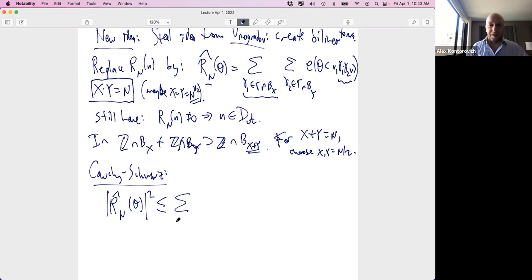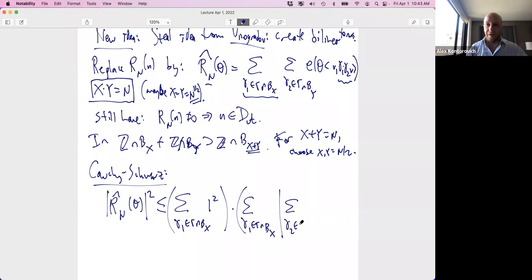So we have a sum over gamma 1 in gamma in a ball of size x of 1 squared, and then a sum over gamma 1 in gamma in a ball of size x of this thing norm squared: gamma 2 in gamma in a ball of size y, e of theta v gamma 1 gamma 2 v, squared.